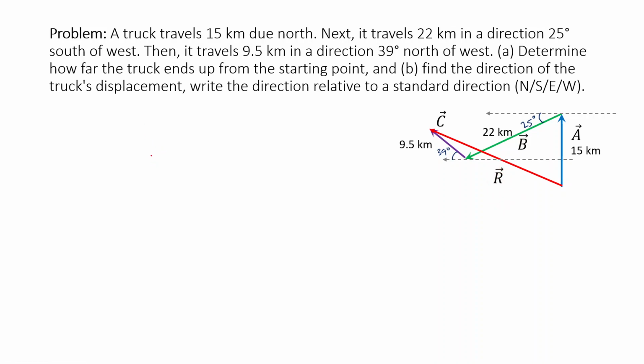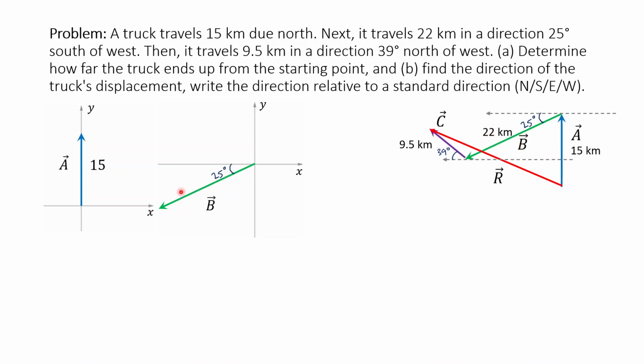Next, we need to find the components of these vectors. For that, let us put the vectors on the frame of reference. Vector A starts from the origin. The magnitude of the vector is 15 kilometers. Now this vector, this angle is 25 degrees.